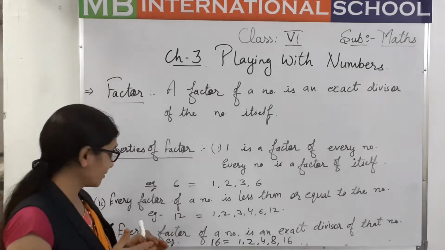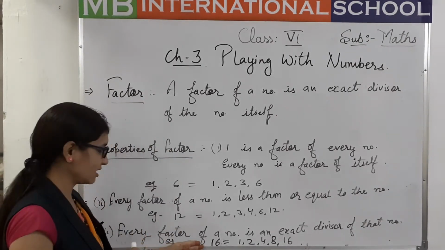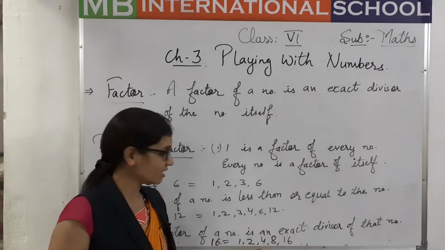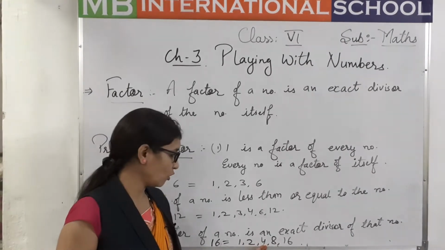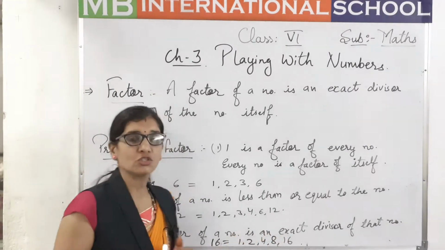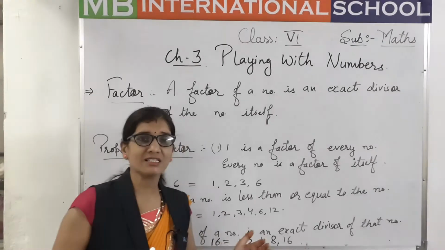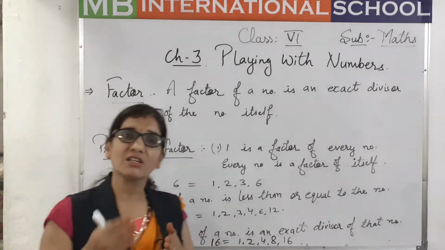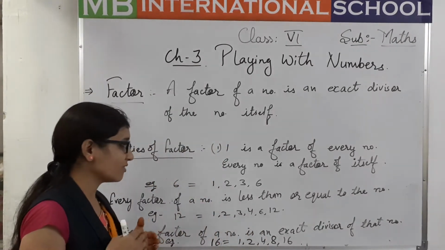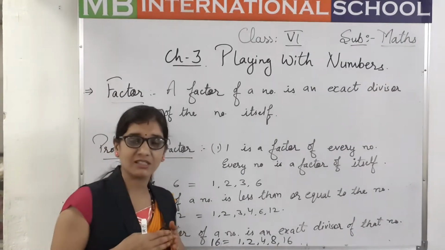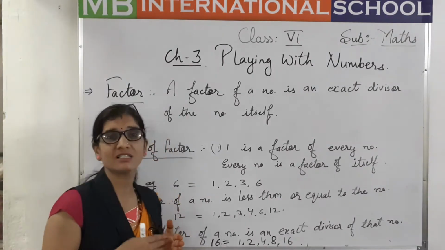Now here I have taken 16. You already know that factors of 16 are 1, 2, 4, 8 and 16. So if we divide 16 by 16 we get the result 1. So we can say that every number is a factor of itself as well as an exact divisor, that means it is divisible by the same number.